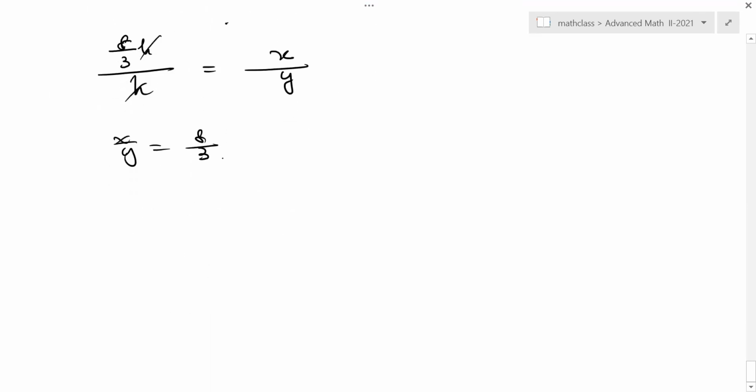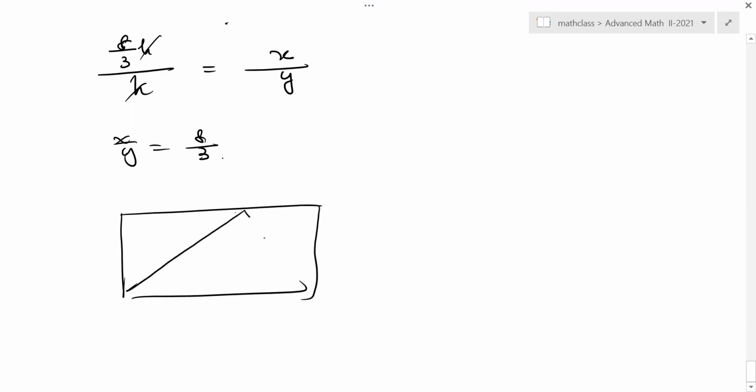So let me repeat what we discovered. If we have something like that, this is 90 degrees, and since this is alpha, if that is beta, then alpha plus beta is going to be 90 degrees.